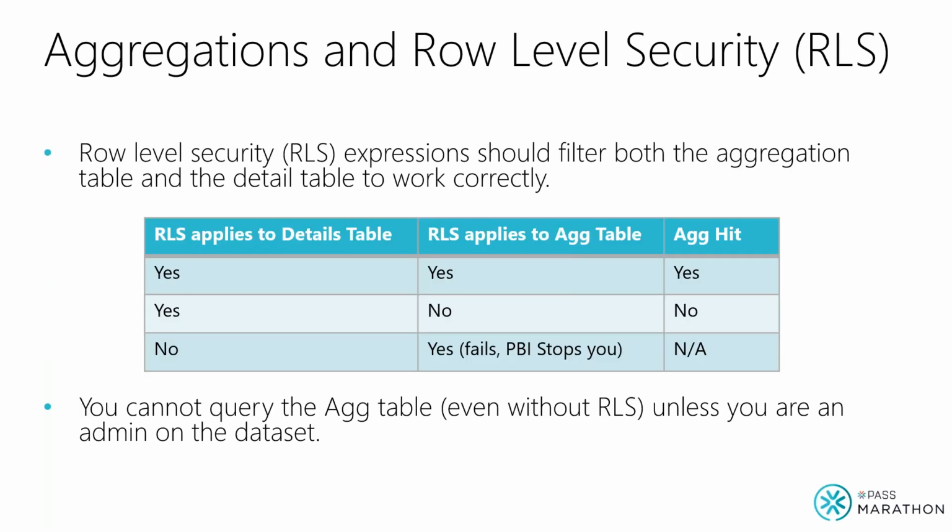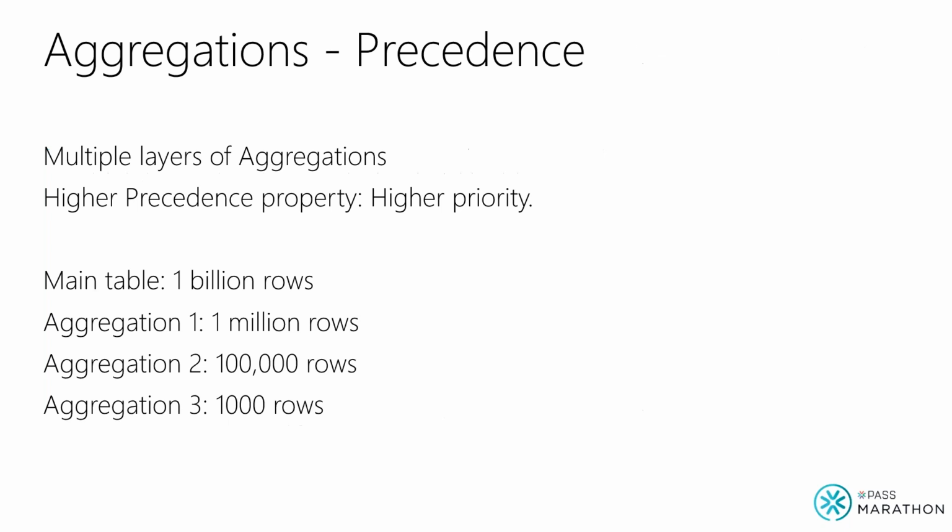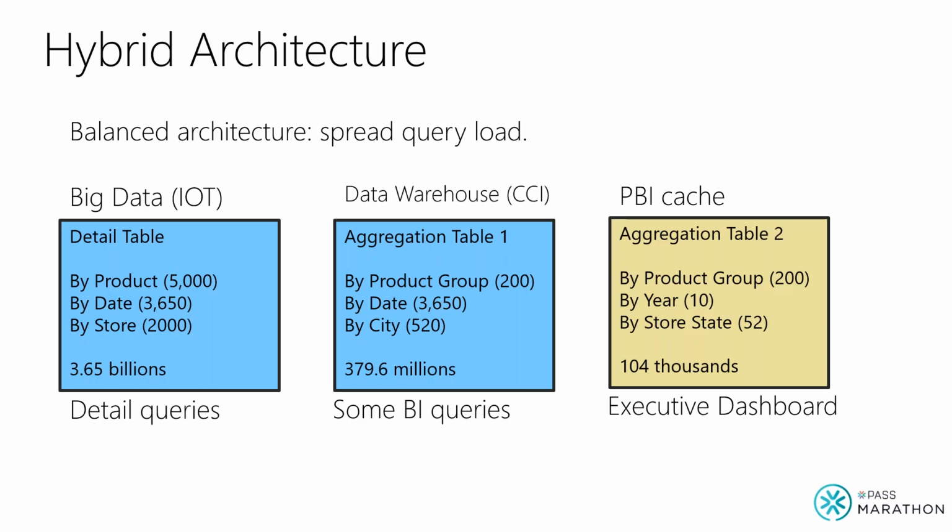Okay, and we saw that the role level security is great. That now works. You just have to pay attention to the rules. And we looked at the precedence. Now the precedence is good when you have multiple layers of aggregations, and basically you can implement a hybrid architecture where you have a balance. So you put your big data, IoT data back into the IoT system, and maybe you have now a data warehouse that's going to answer some of your BI queries, right?